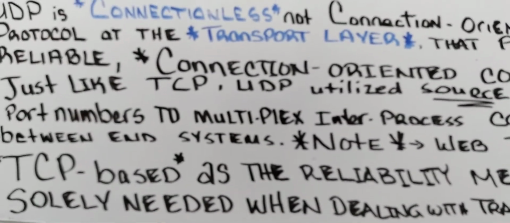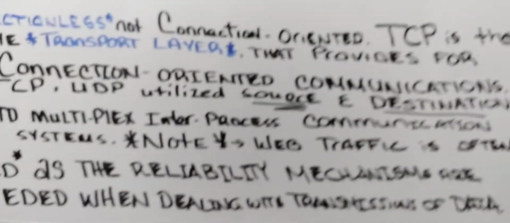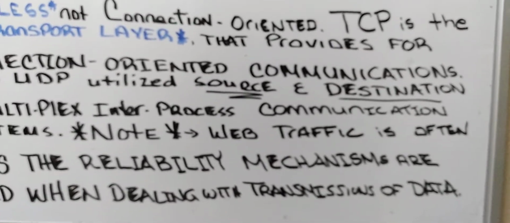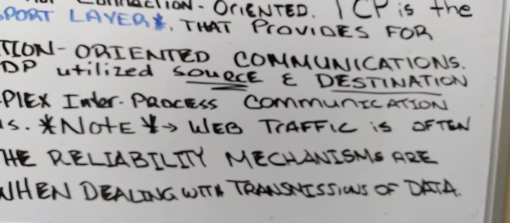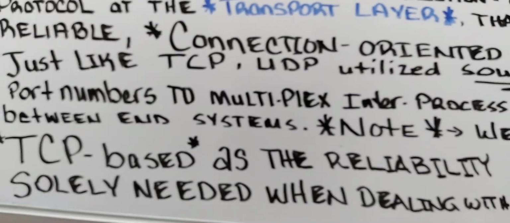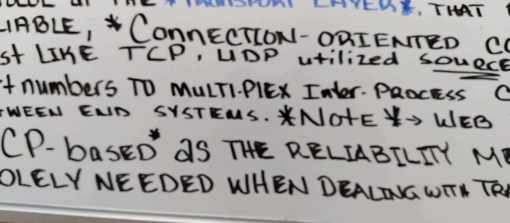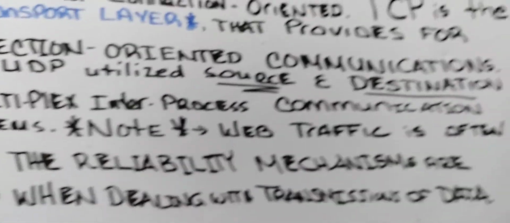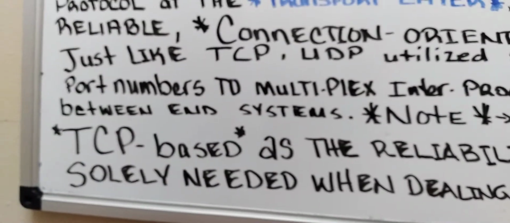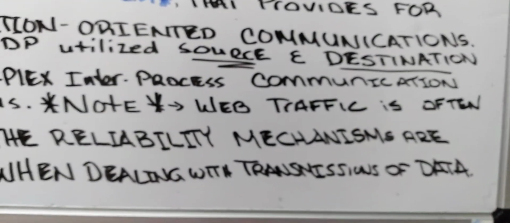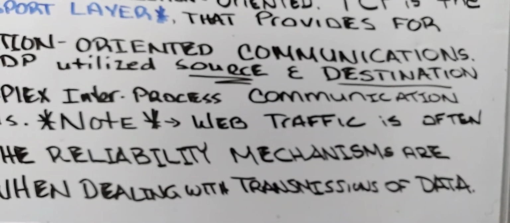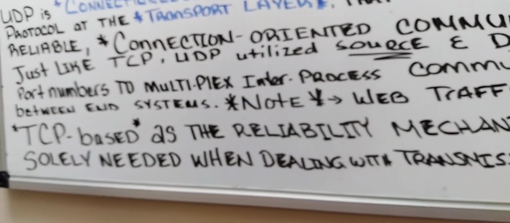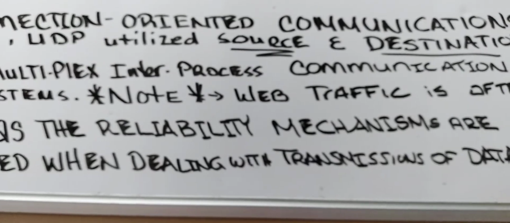Just like TCP, UDP utilizes source and destination port numbers to multiplex inter-process communication between end systems. Note, web traffic is often TCP-based, as the reliability mechanisms are needed when dealing with transmissions of data.